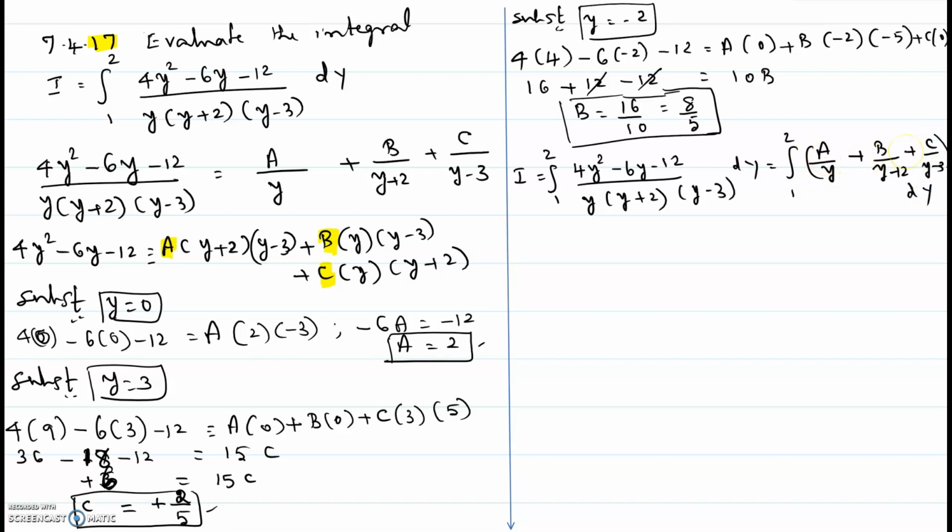As we know A, B and C, we can plug them all in at the last step. When you integrate that, it is A times ln|y|, plus B times ln|y + 2|, plus C times ln|y − 3|, everything evaluated between the limits 1 and 2.